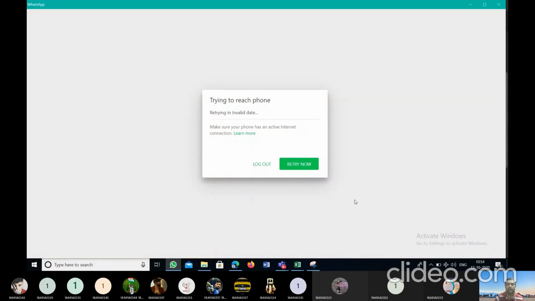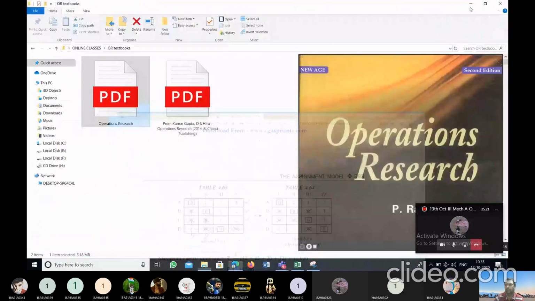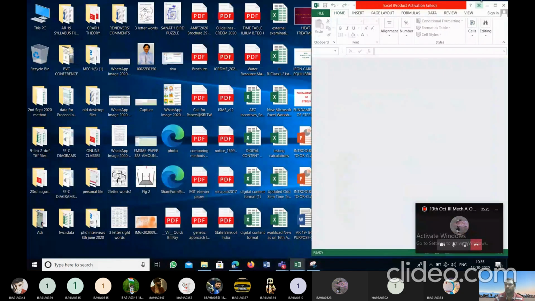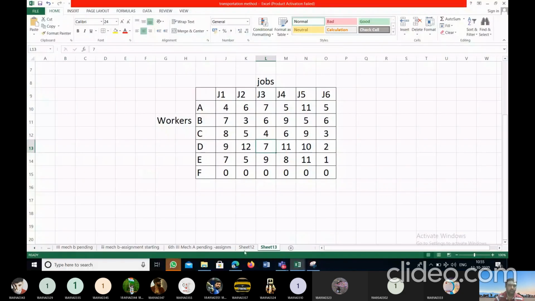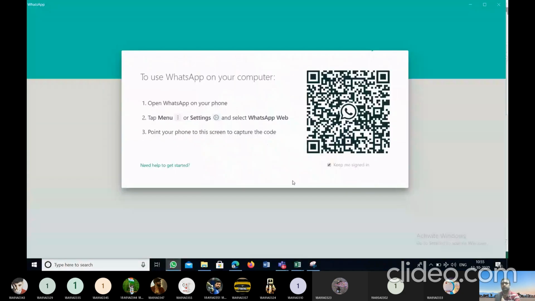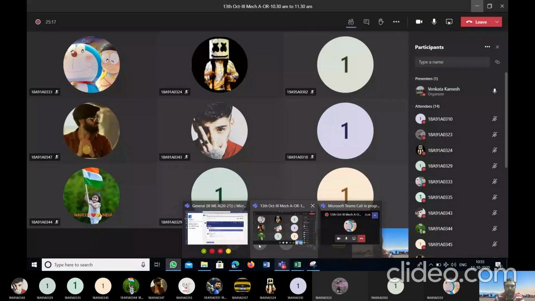Is the power up? Okay, I will share in the group, your group also.